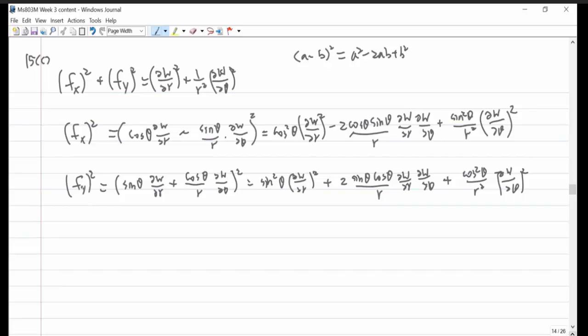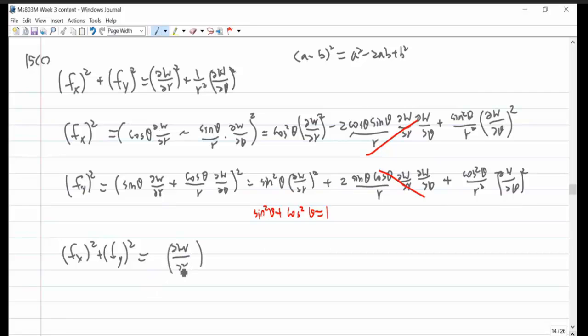So when you add them up, you find out a lot of cancellation. First thing is these two cancel. Then you also have sine square plus cosine square is 1, right? So they all are common factor. So this adds together to tell you that this is actually dw dr square.